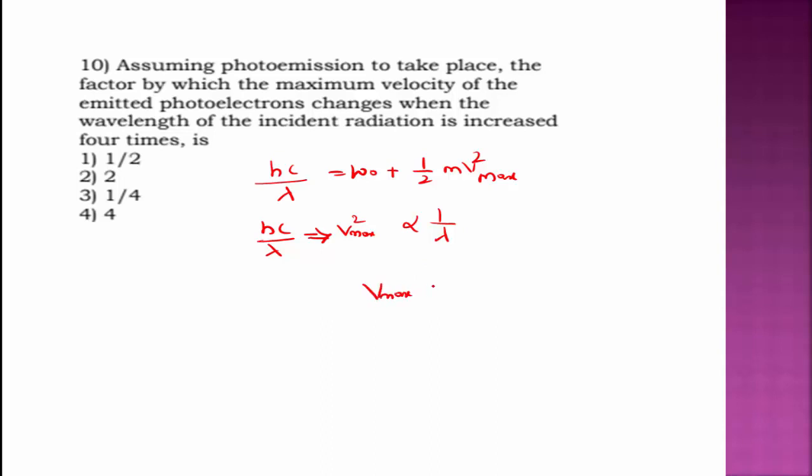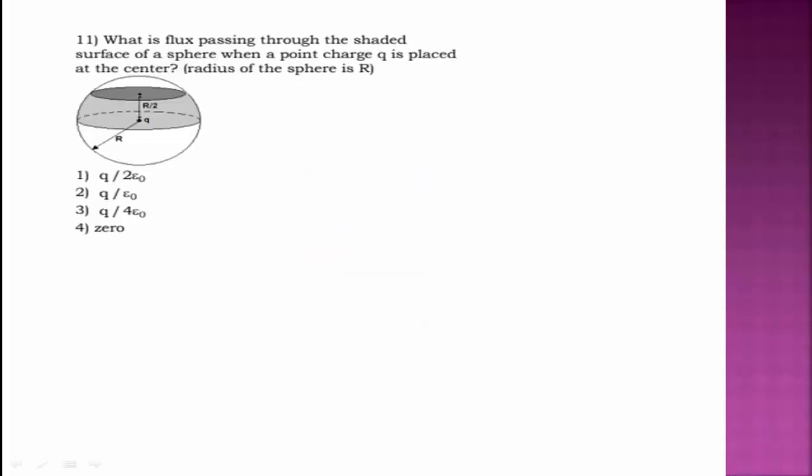Then v maximum is inversely proportional to root of the wavelength. On increasing the wavelength lambda to 4 lambda, the speed becomes half. Option 1 is the right answer.